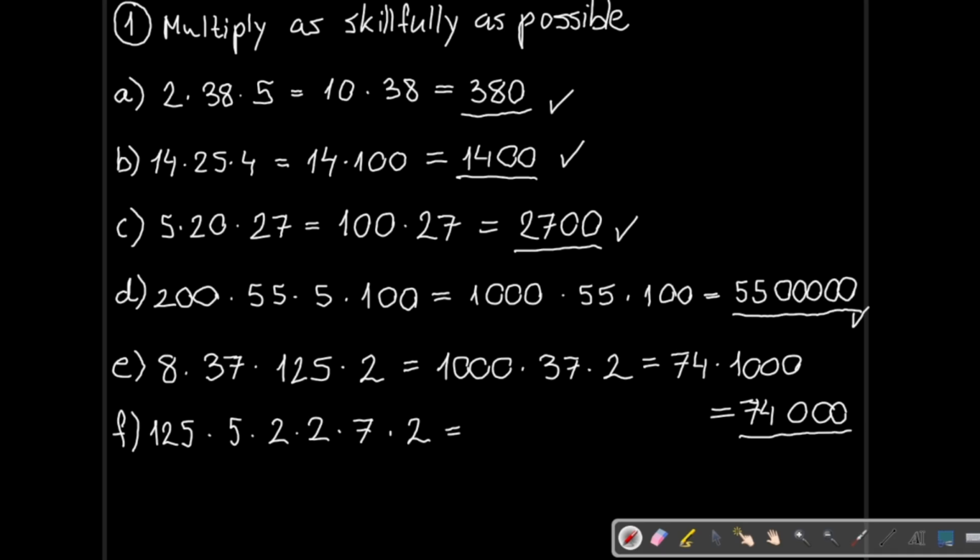We know that if we multiply 5 and 2, we get 10. So just write the 10 here, and then 2, 7 and 2 remain.